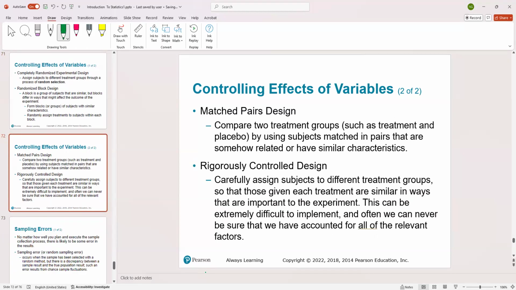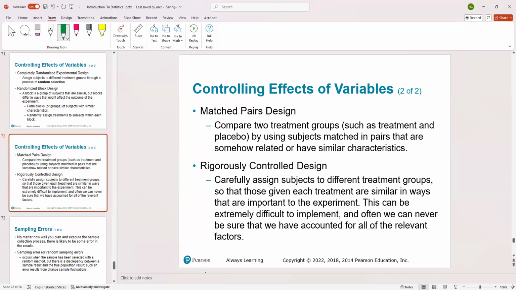Matched pairs, you have so many of these. Remember, we said those are all factors we need to review to prevent the experimental results from being skewed. Matched pairs design compares two treatment groups, such as treatment and placebo, by using subjects matched in pairs that are somehow related or have similar characteristics.